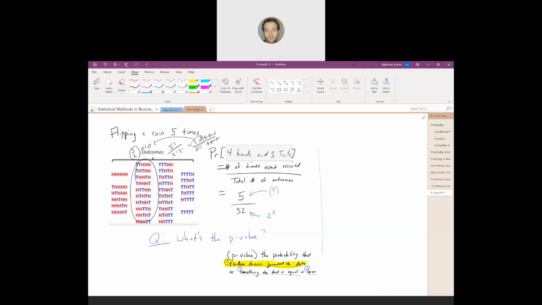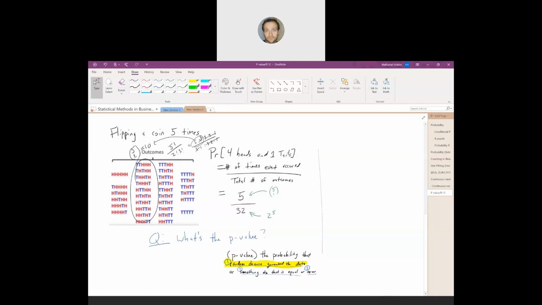Wouldn't it be... I'm not really sure how to answer that specific question. So it's just the normal probability. It's the probability if it's a fair coin and you see 4 heads and 1 tail with a fair coin.